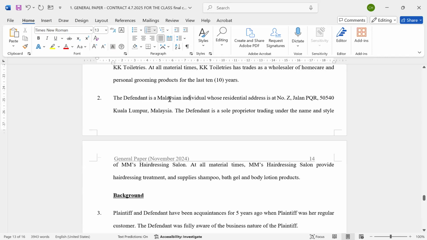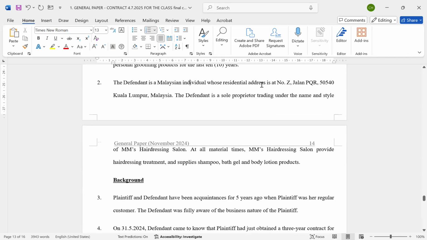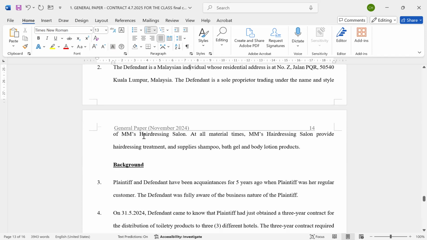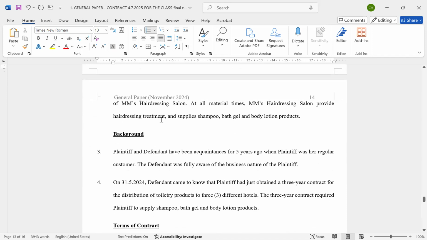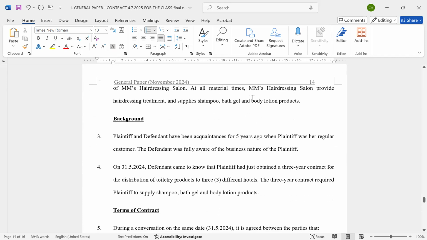The defendant is a Malaysian individual whose residential address is at, where is it? The defendant is a sole proprietor trading under the name and style of MM's Hairdressing Salon. At all material times, MM Hairdressing Salon provided hairdressing treatment and supplied shampoos, bath gel, and body lotion products.